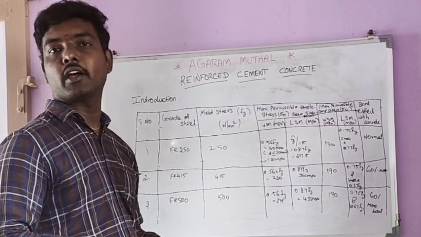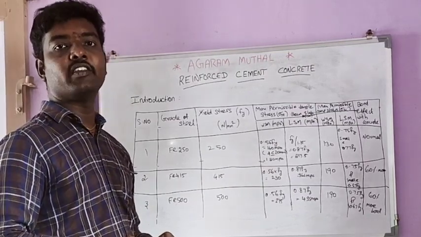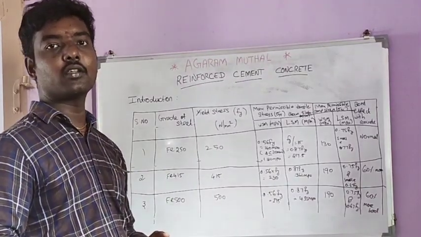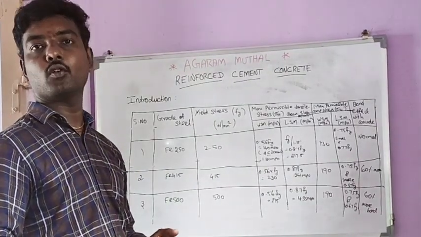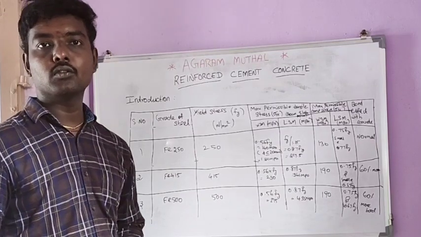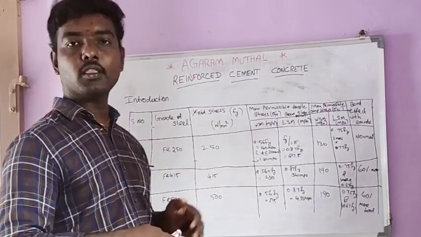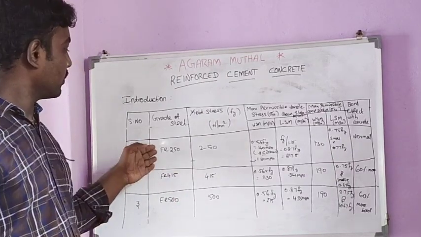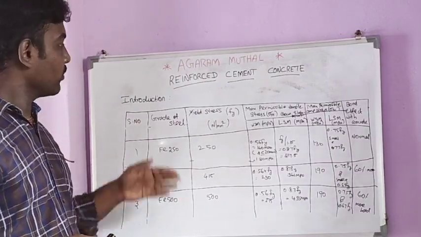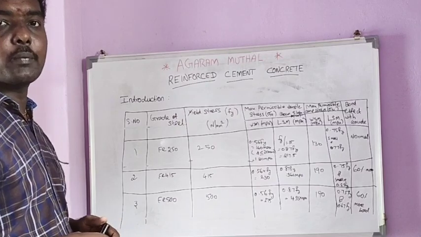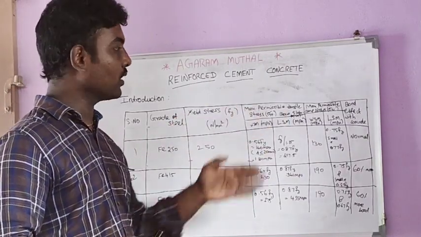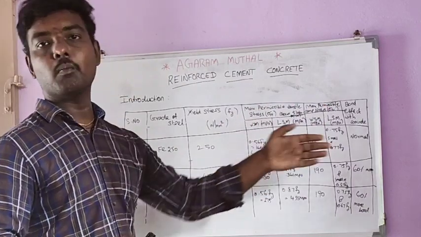As per IS 456:2000, we see that there are three types of steel available: Fe250, Fe415 and Fe500. Based on that, the strength properties differ. In this table, for the three distinct steel types, we compare the strength properties like yield strength, maximum tensile strength, maximum compressive strength, and bond effects.